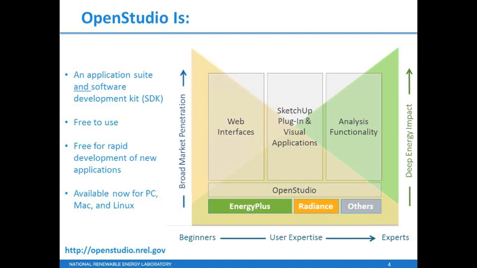Radiance is really the first project that leveraged this middleware. But we have some graduate students that are actively writing translators to other simulation tools such as Contam, which just directly use OpenStudio to do the translation. So you make your model in OpenStudio, but then when you want to do a natural ventilation study, you export it to Contam using all the OpenStudio tools.